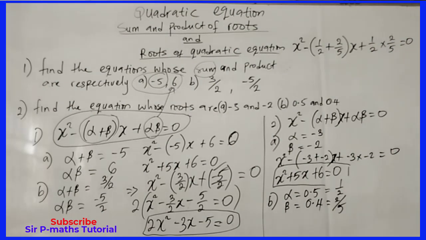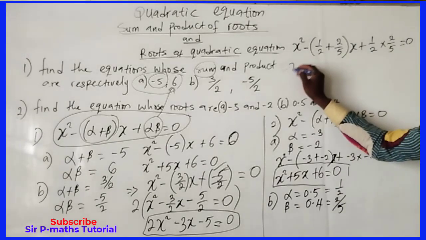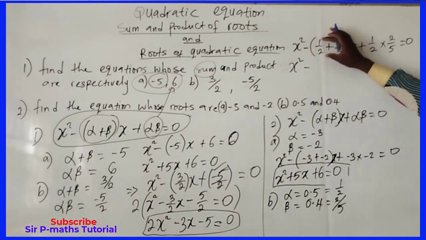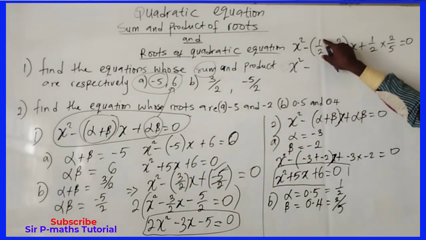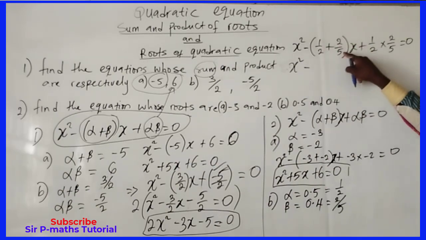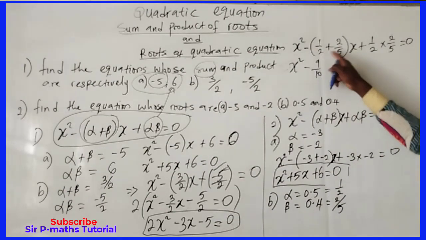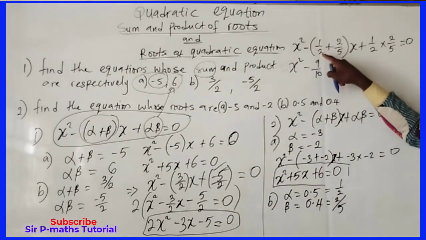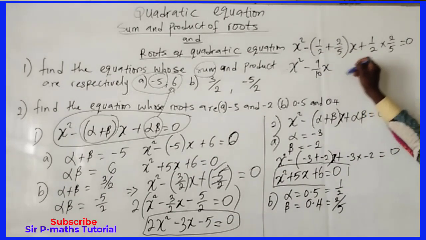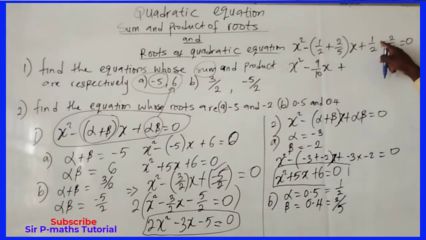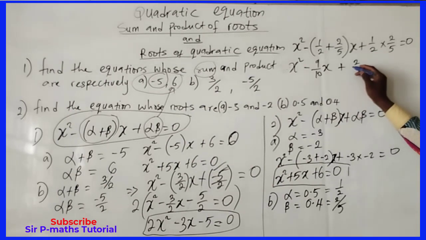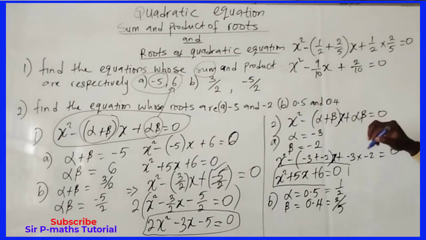Then let's operate. I'll have x squared. Let us add these two numbers. 1 over 2 plus 2 over 5 will give me 9 over 10. You can learn how to add fractions by LCM. Don't forget your x plus 1 times 2 is 2. 2 times 5 is 10 equal to 0.